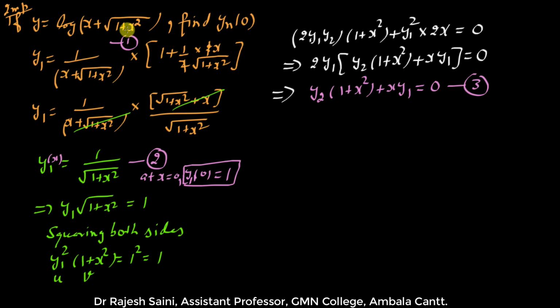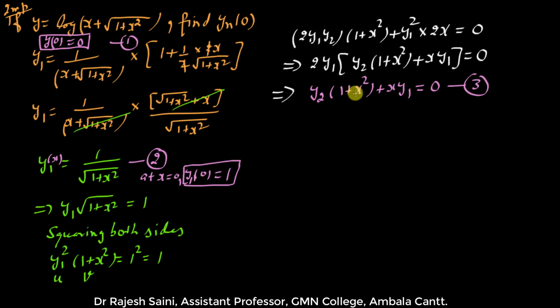Okay, y(0), put it over here, log of 0 plus root of 1 plus 0 is 1, square root of 1 is 1, log 1 is 0. So y(0) is 0, and this value will also be used.